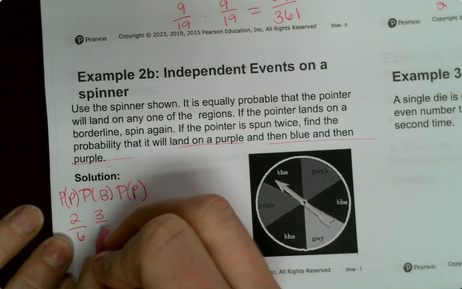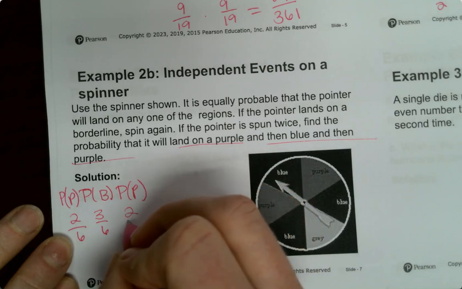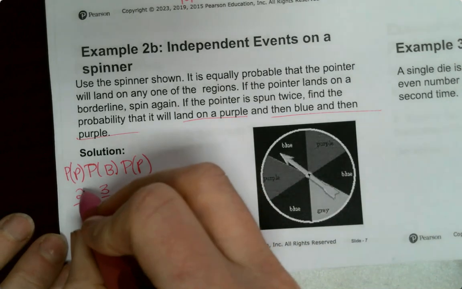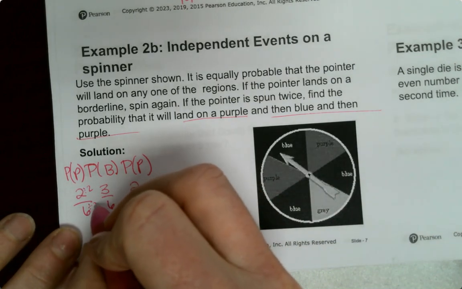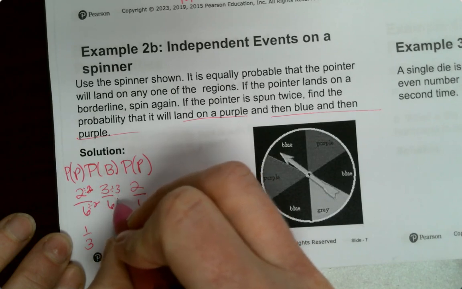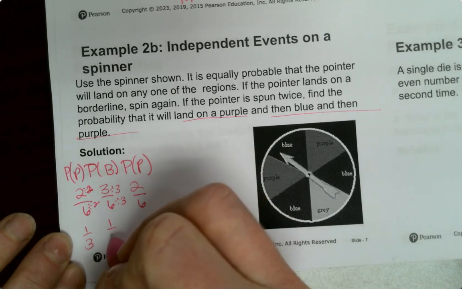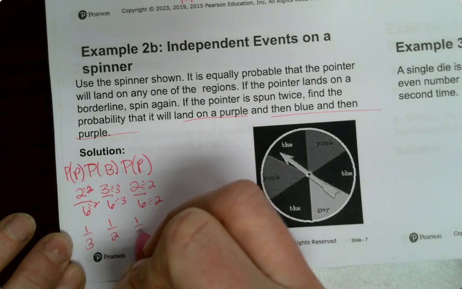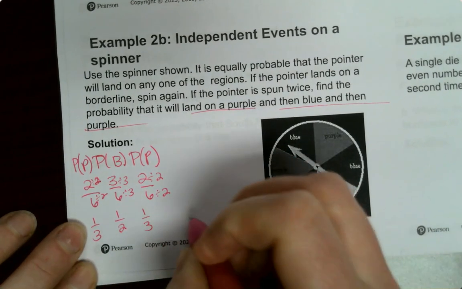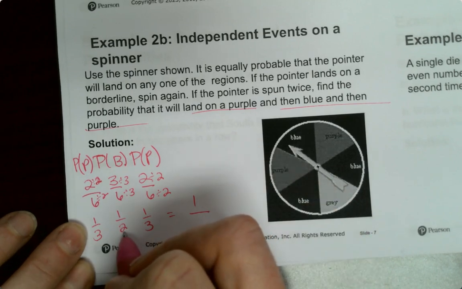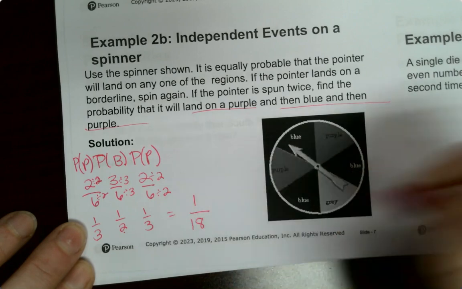Blue, there's 3 out of 6. Purple again is 2 out of 6. I'm going to simplify these. I'm going to go ahead and simplify by 2's here. 1/3, simplify by 3's. Simplify by 2's. And then multiply straight across. 6 times 2, 3 times 2 is 6, times 3 is 18, so 1/18.